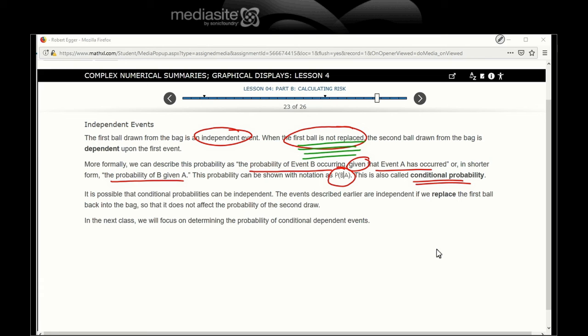Now, can we make this conditional probability independent? Yes, we can. If we keep on replenishing the pool, we pull out a ball, we put it back in. Okay. So what this replacing does is always keep the denominator constant.